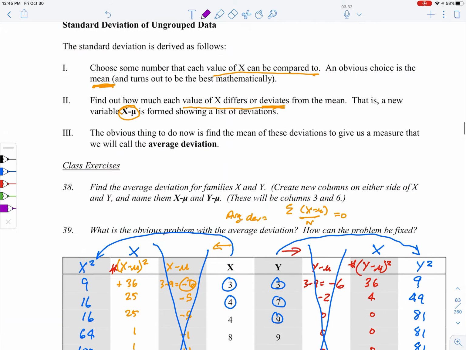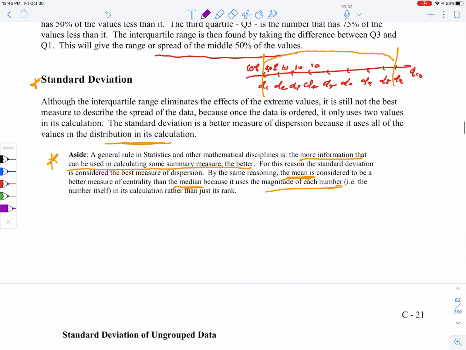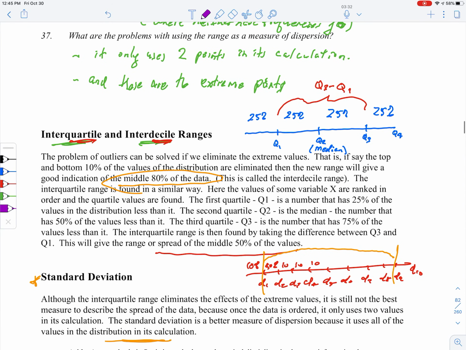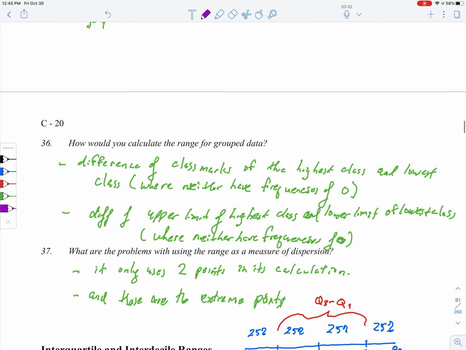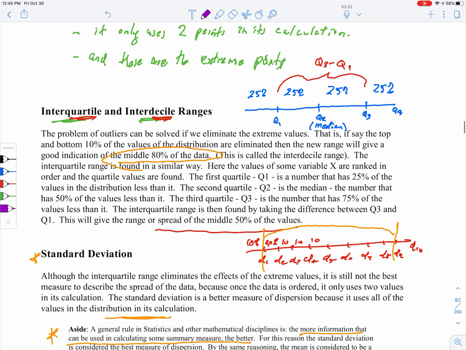Interquartile range, it's going to be way back here. So when we were talking, here it is. This is back on page C20. And the interquartile range is talking about the middle 50% of the data. So that's right here, the middle 50% of the values.